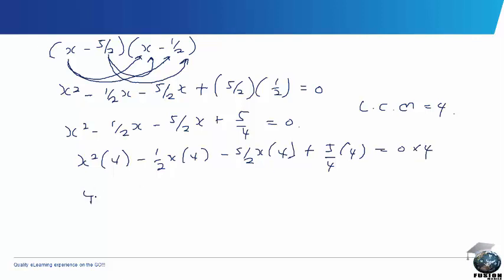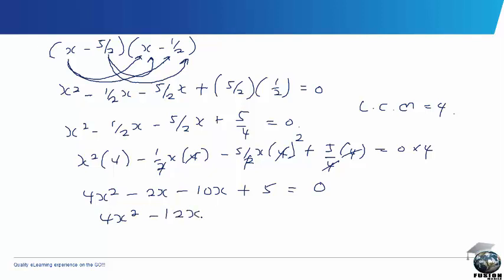Alright, this gives you 4x squared. 2 can go into 4, so you have minus 2x, and 2 can go into 4, and here you have 2 times 5 is 10x, and so at this point 4 can go into 4, and then 5 comes down, and then 0 times 4 is 0, and so we have 4x squared minus 2x minus 10 gives you minus 12x plus 5 equal to 0.